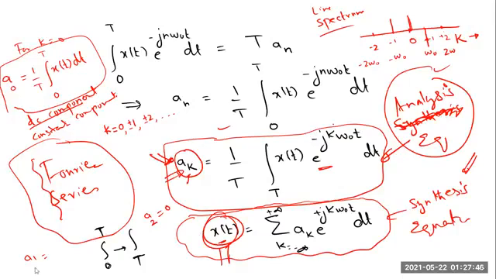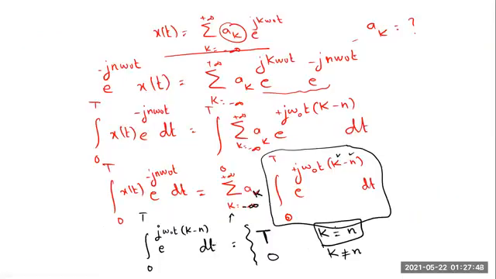If I go back, in this case I mentioned that for k equal to 0, this integration will give you T. So even if you integrate not from 0 to T but over any time interval of one period, you will still get the same.